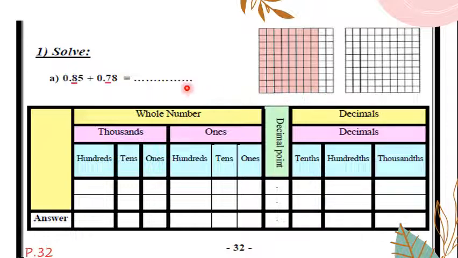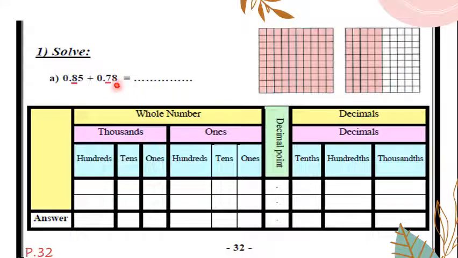So first I will color here 8 tenths and 7 tenths. Let me count with you. I'm gonna color 10, 20, 30, 40, 50, 60, 70.